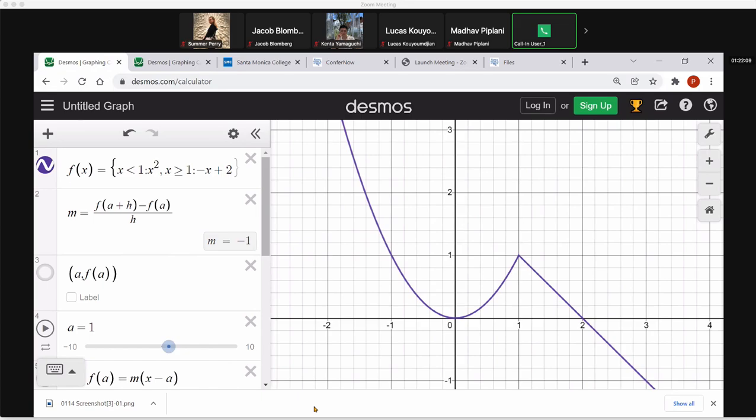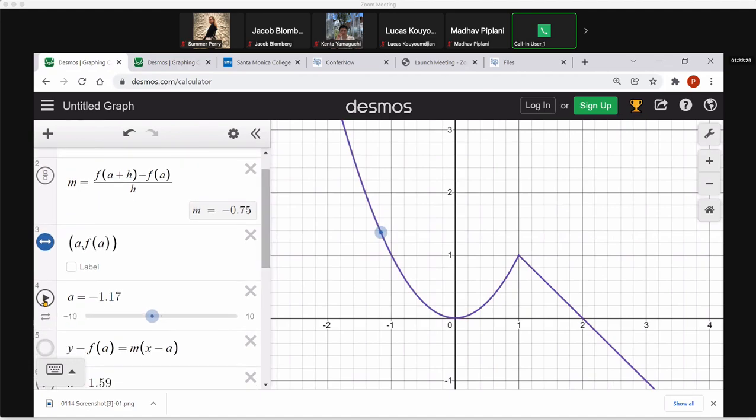If you pick any other point here, let's say point A, and take the point right here, and click the tangent line, what does the tangent line look like?